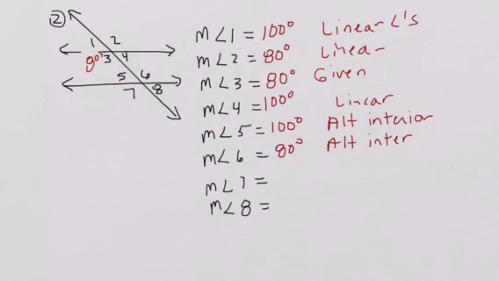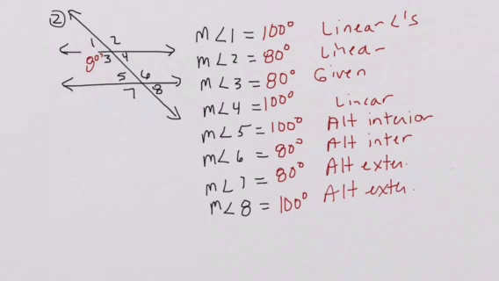Angle 2 is 80 degrees, so that's going to make angle 7 80 degrees, and that's going to be alternate exterior angles. And I'm going to use angle 1 to find angle 8. Angle 1 and angle 8 will be equal, so that's going to be 100 degrees by alternate exterior angles.